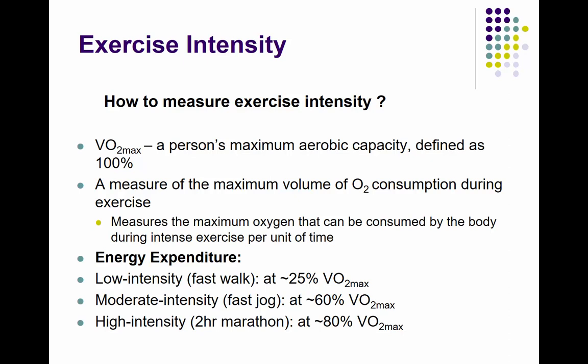So for example, low intensity exercise, like faster walking: usually you only use 25% of your maximum oxygen consumption. Moderate intensity exercise like fast jogging usually uses about 60% of your maximum oxygen capacity.